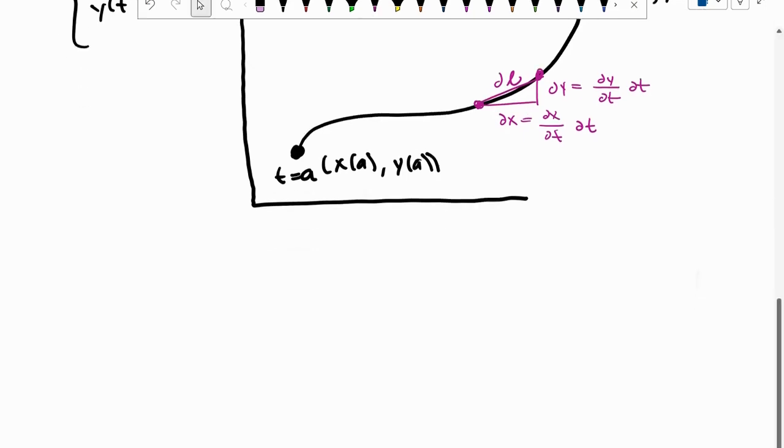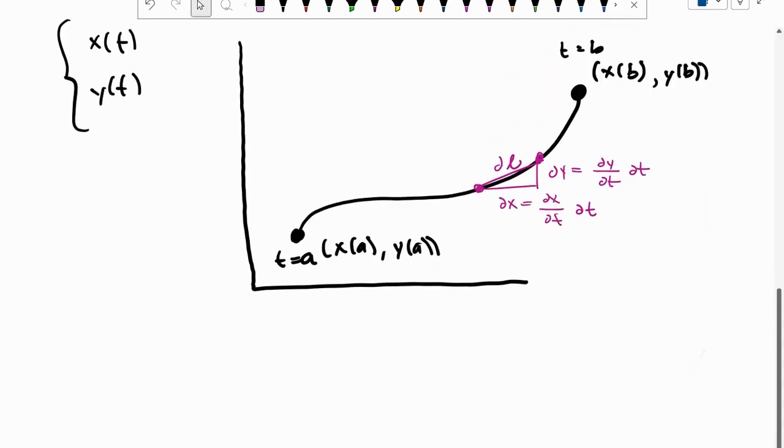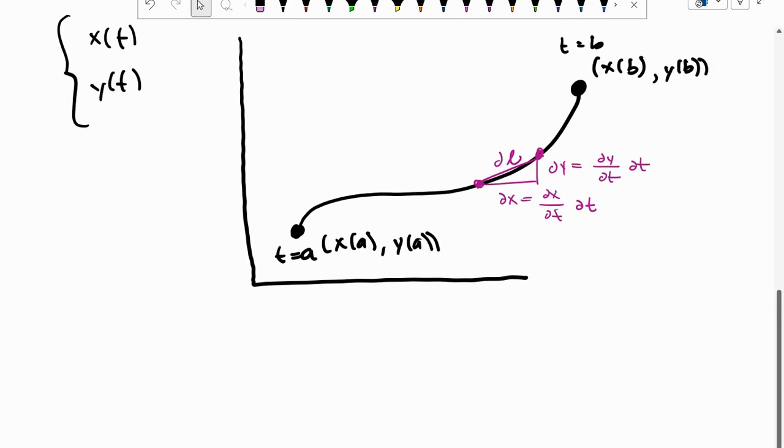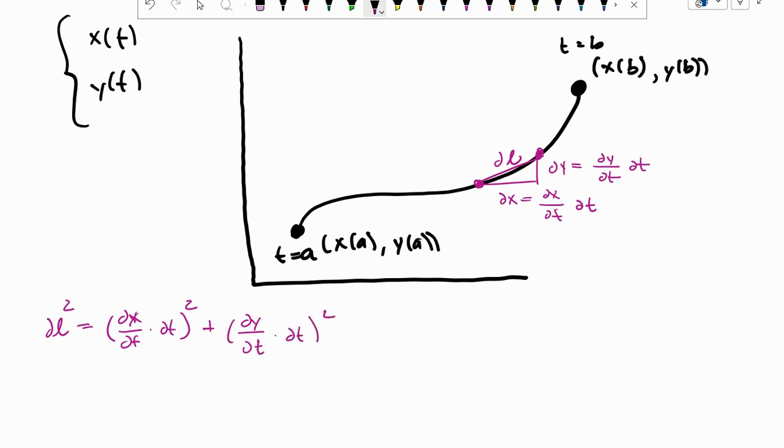So how do we find dl? Well, it's the same Pythagorean theorem, except there's one difference. Instead of dx squared plus dy squared, it is now dx/dt times dt, squared, plus dy/dt times dt, squared.